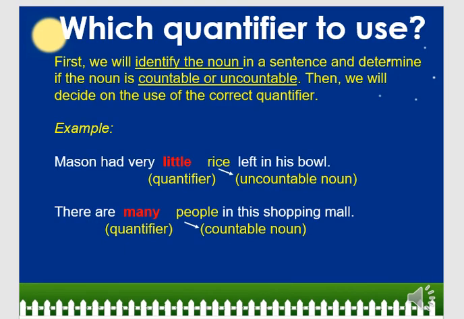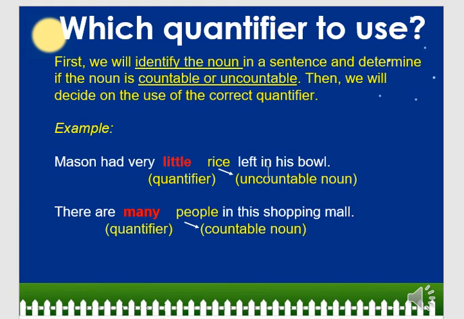So lastly, which quantifier to use if some of you might still have the question in your mind? Two things to remember. First, we will identify the noun in a sentence. After that, we will determine, means we will decide, if the noun is countable or uncountable. Then we will decide on the use of the correct quantifier.